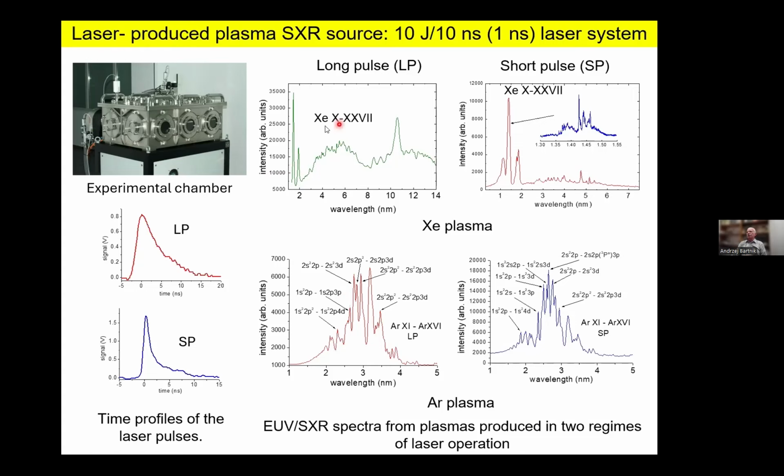This is, for example, for xenon, this is for argon. And here you can see the pulse duration. It is in a region with a long laser pulse, and here with a short, 1 nanosecond laser pulse.